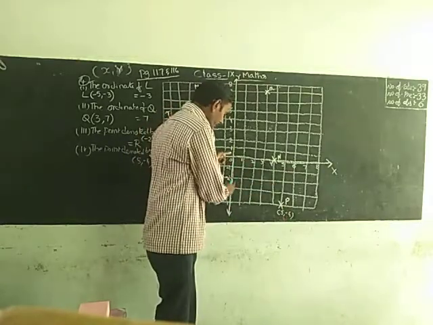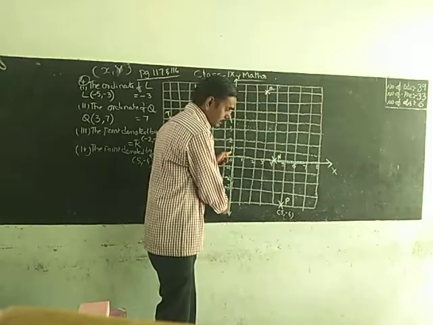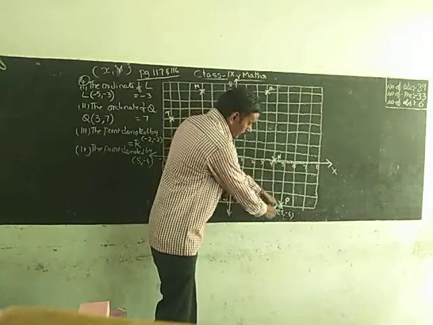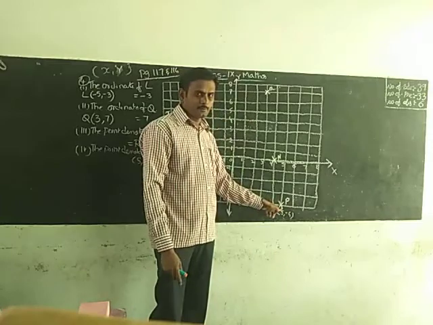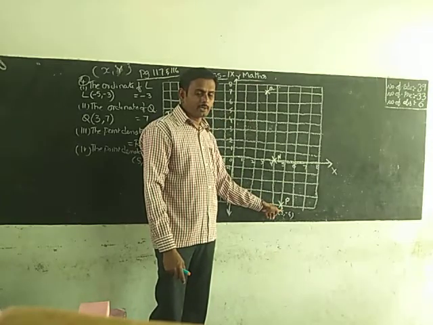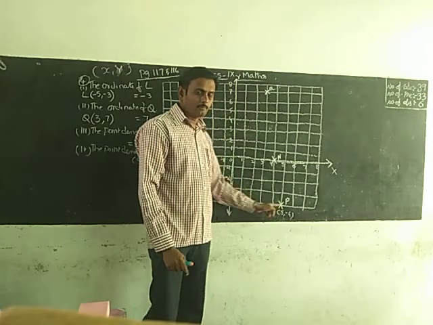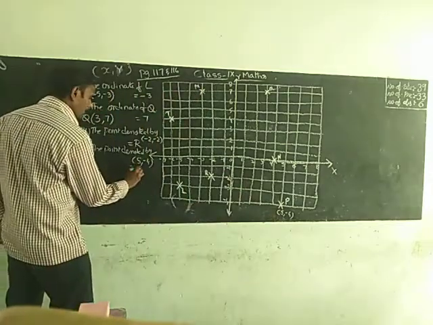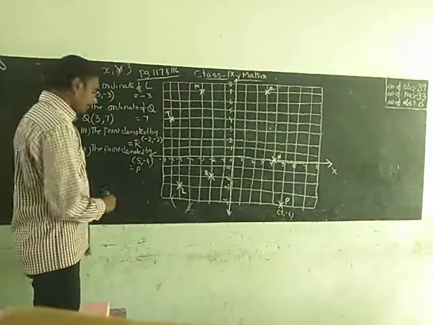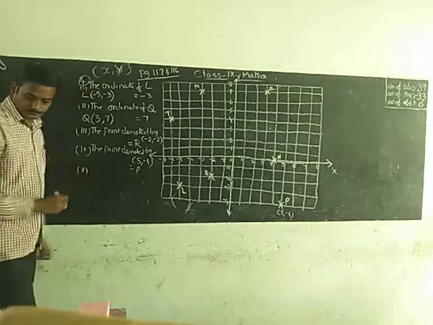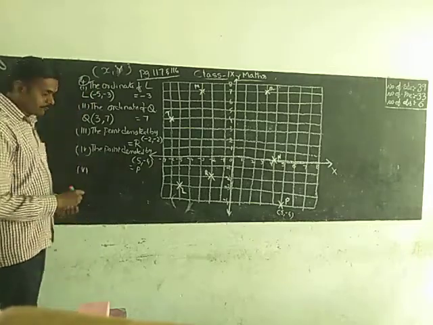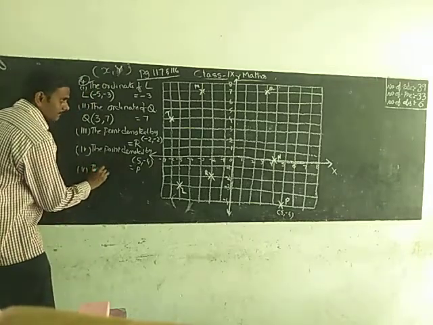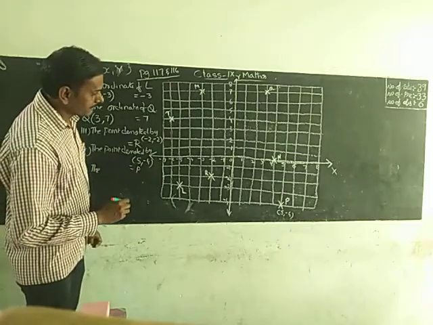On the y-axis, -4 units, yes. Both meet at one point, P. So 5, -4 is denoted by point P, and P is the answer. Next, the fifth question: the abscissa of N.